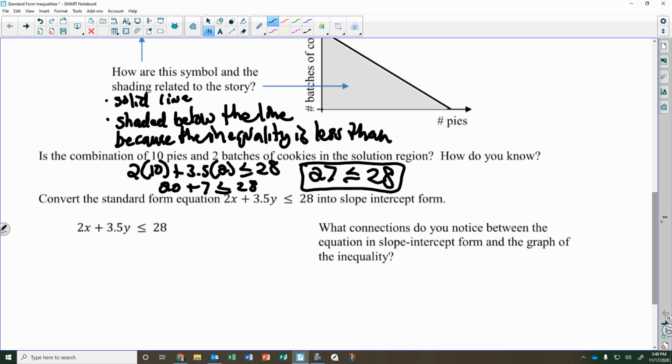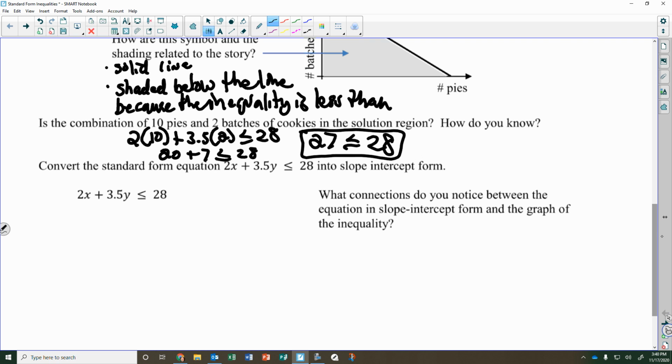So now it says convert the standard form equation into slope-intercept form. So again, we've had a little bit of practice doing this, so we have to get this into y equals mx plus b. The first thing we have to do is take the 2x and move it over. Anytime we move something across the equal sign or the inequality, we do its opposite.